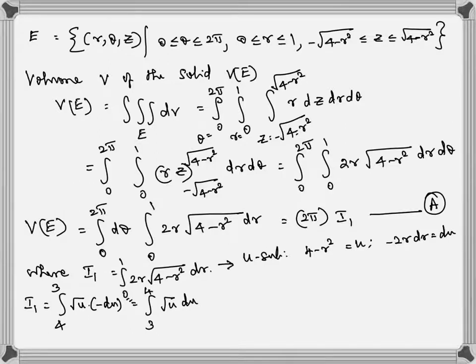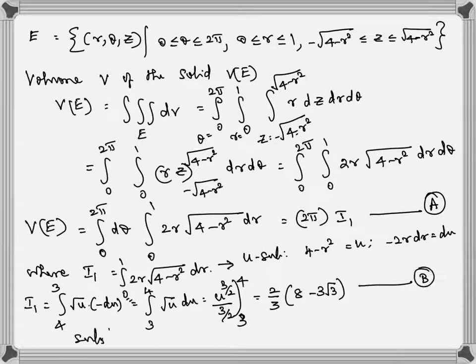Whenever we switch the limits, we have to throw in a negative sign. There is already a negative sign here, so it makes it positive. The integral from 3 to 4 of square root of u du is u to the 3/2 over 3/2 between the limits 3 and 4. Computing this value, we get 2/3 of (8 minus 3 root 3).